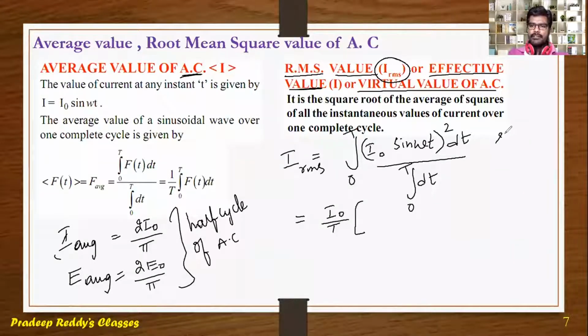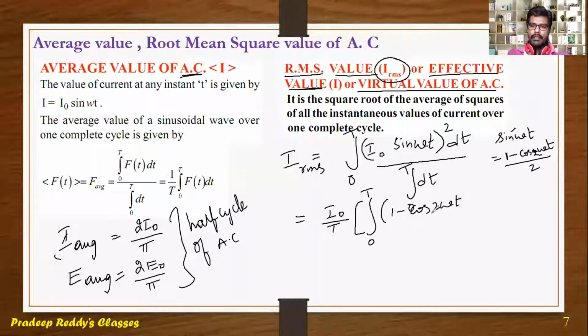So I can write sine square omega t is equal to 1 minus cos 2 omega t divided by 2. So I'll be writing this as integration 0 to capital T of 1 minus cos 2 omega t divided by 2 into dt.